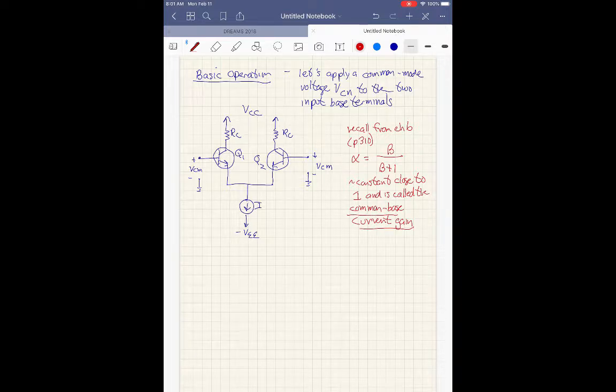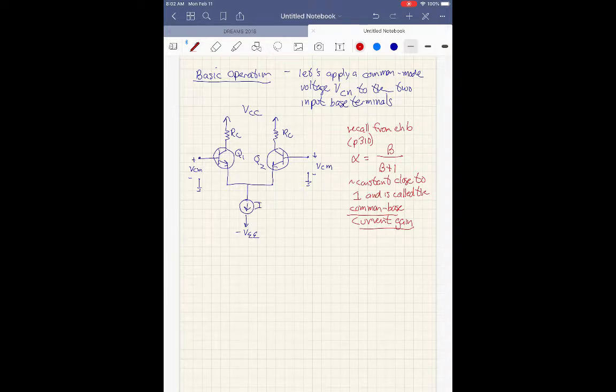If you look at this, small changes in alpha correspond to very large changes in beta. I think you can see why. And when you look at this, it's super important the transistors be matched as close as possible.